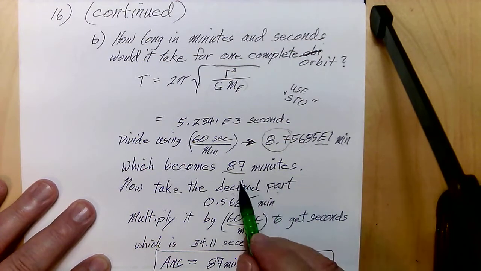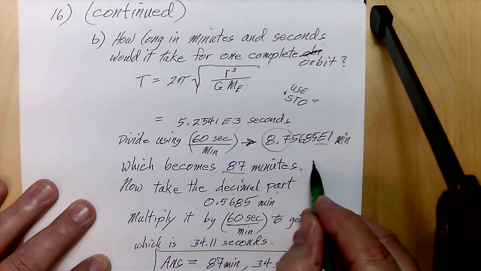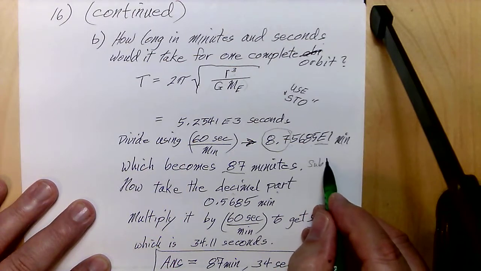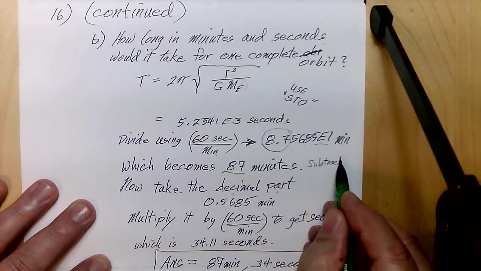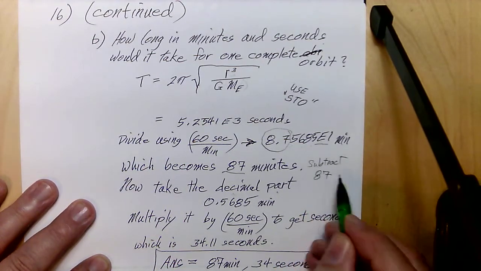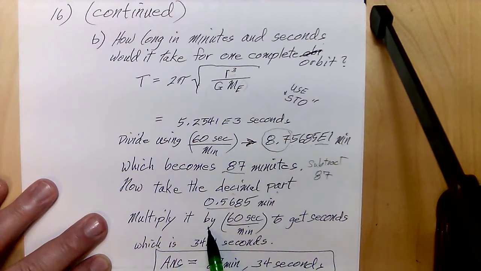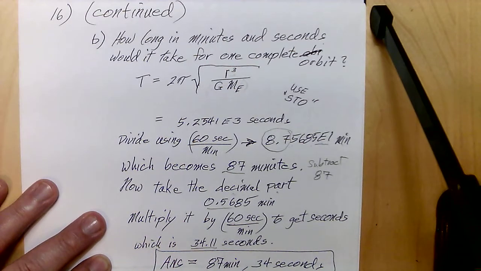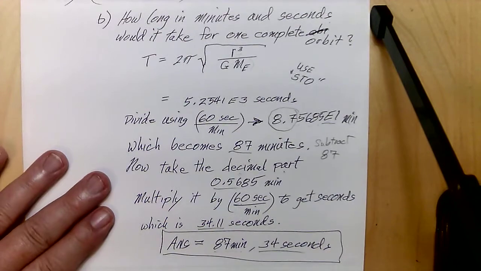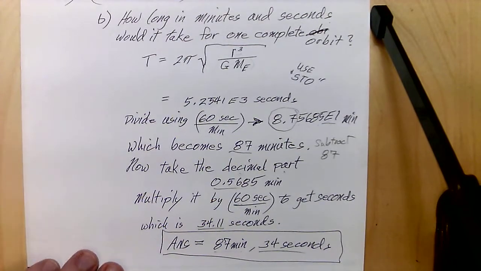What you do, you subtract 87 from that number to get your decimal part. Multiply now by 60 seconds per minute, and you get 34.11 seconds. So the answer is 87 minutes 34 seconds.